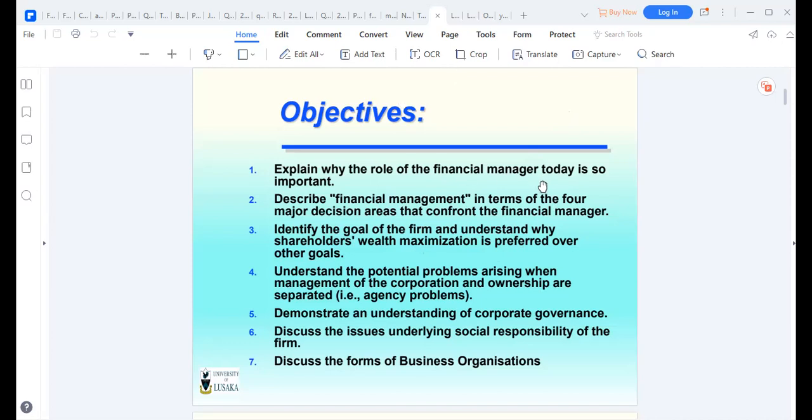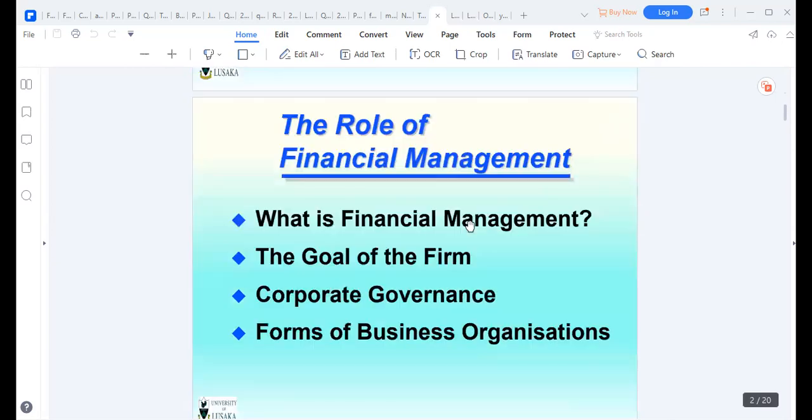We also want to understand the problems arising from management of a corporation and ownership. We'll also demonstrate what corporate governance is and understand the different forms of these organizations.